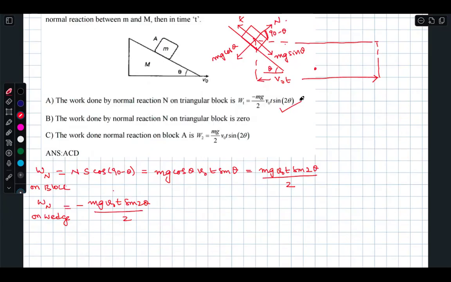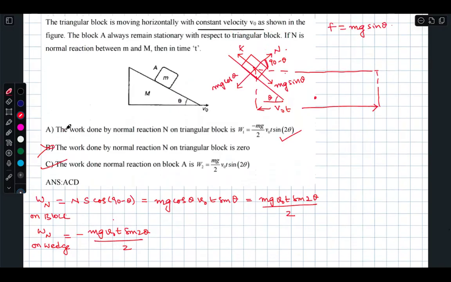Work done by normal reaction on the triangular block, on the block is 0. When I said A, B, right. The work done by the normal reaction on the block A. That is okay, fine. The D option missing, but I think I have given everything here.